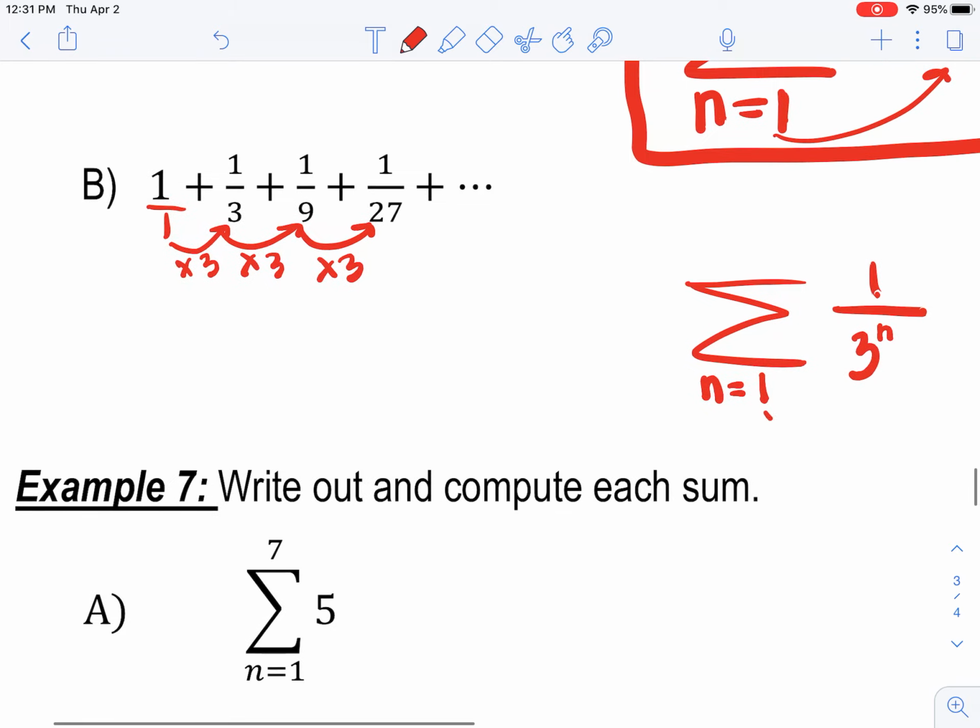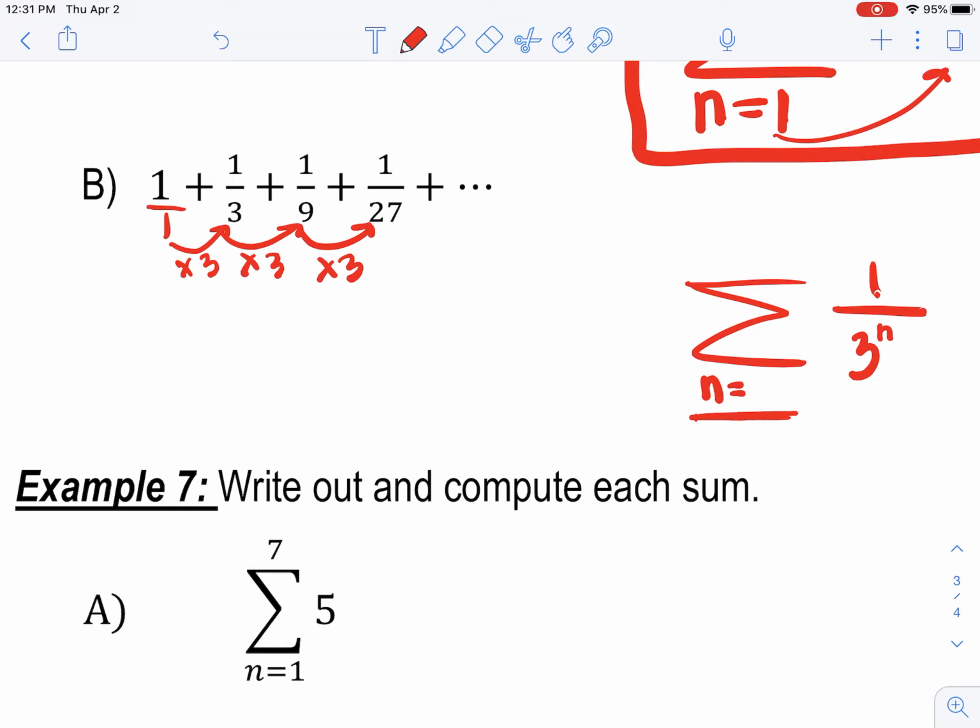So now I have to test it. If I plug in 1 here, what do I get? I get 1 over 3. Is 1/3 my first term? No, it's not. So I have a couple options here. I can either change the expression. I can try to mess with this. Or even easier, I can mess with this. I can say, okay, well, I don't get 1 when I plug in 1.